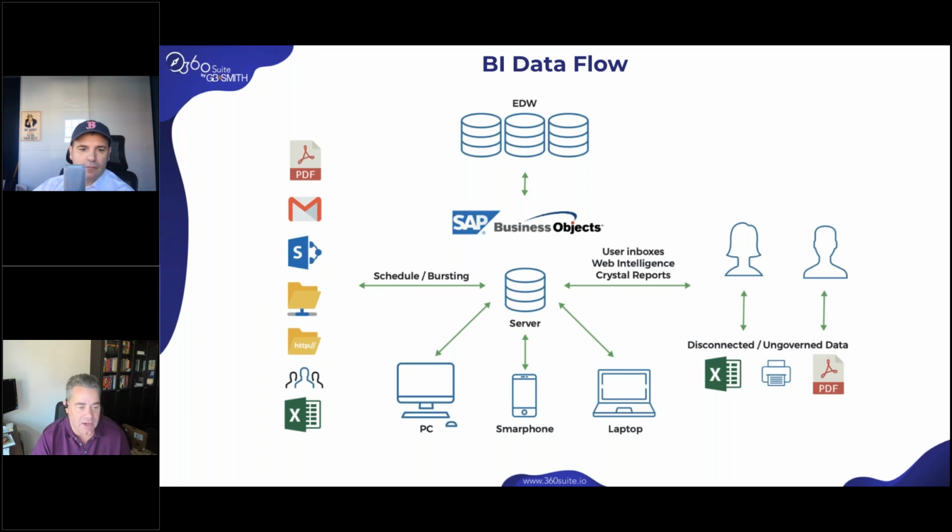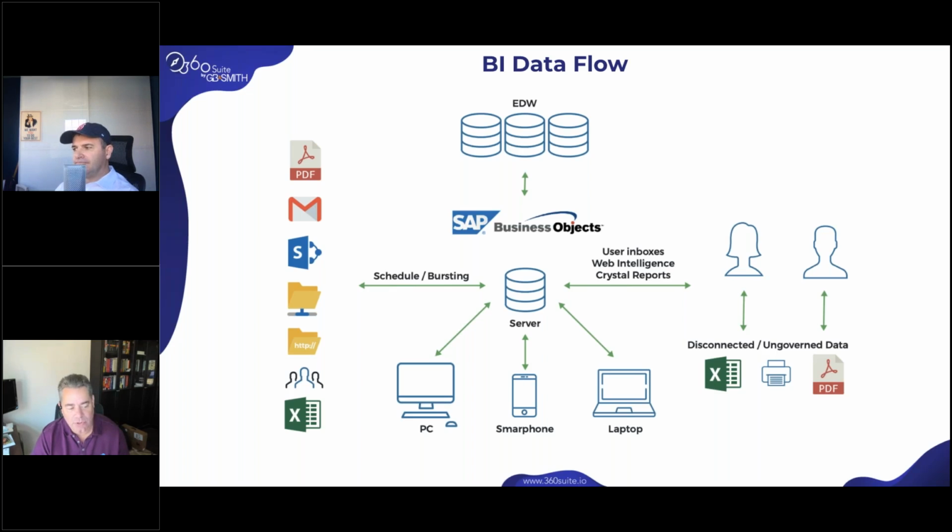And then we've got our consumers, either via PC, smartphone, or laptop. They're consuming Crystal Reports, Webi documents, all of that, which we still have control over. And then you get to the point where they have those documents, whether they pushed them out or printed them out as a PDF or Excel documents.